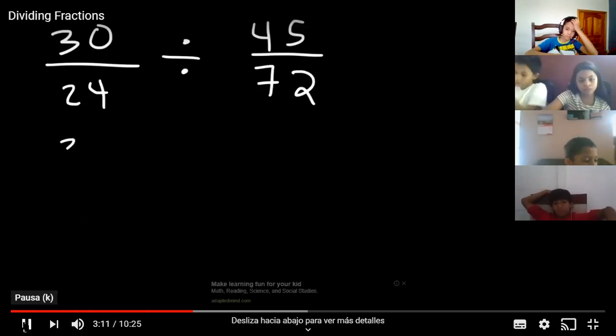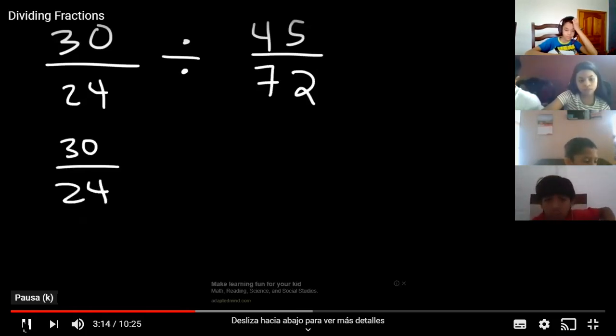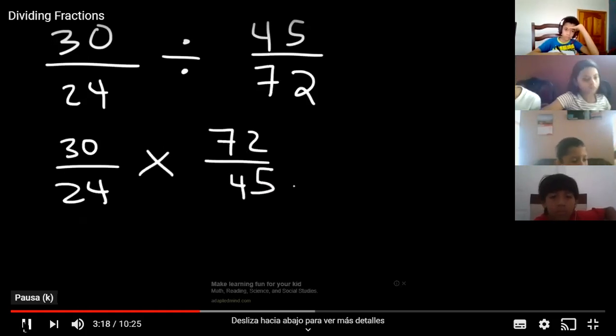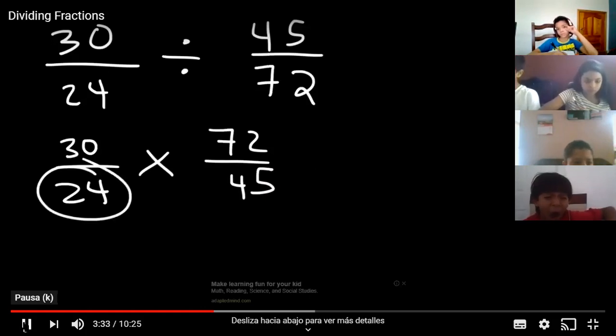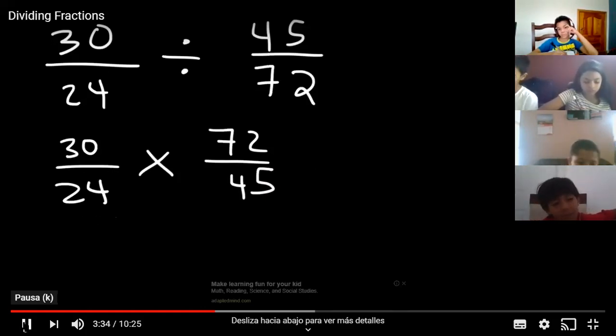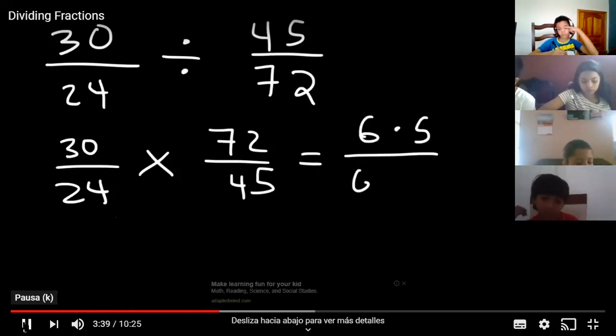So let's begin by changing division to multiplication and by flipping the second fraction. So what can we break 30 into? So what two numbers multiply to 30? You could say 15 and 2, you could say 10 and 3, you could say 6 and 5. But notice that 24, you can write that as 6 and 4. So therefore, we want to make 30 equal to 6 times 5, because 24, we can make it 6 times 4. And we can cancel a 6.